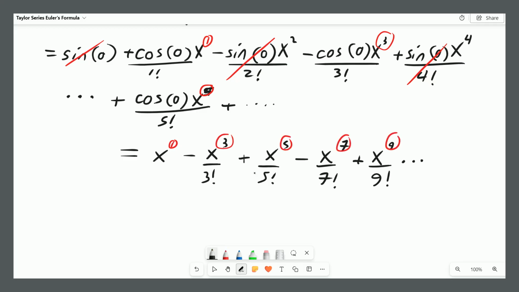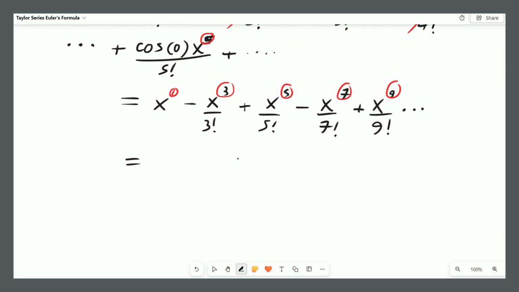And so what that looks like in summation notation is as follows. We have that sum as k goes from 0 to infinity, and we have negative 1 to the power of k, and k starts at 0, ensuring us that the first term is positive.